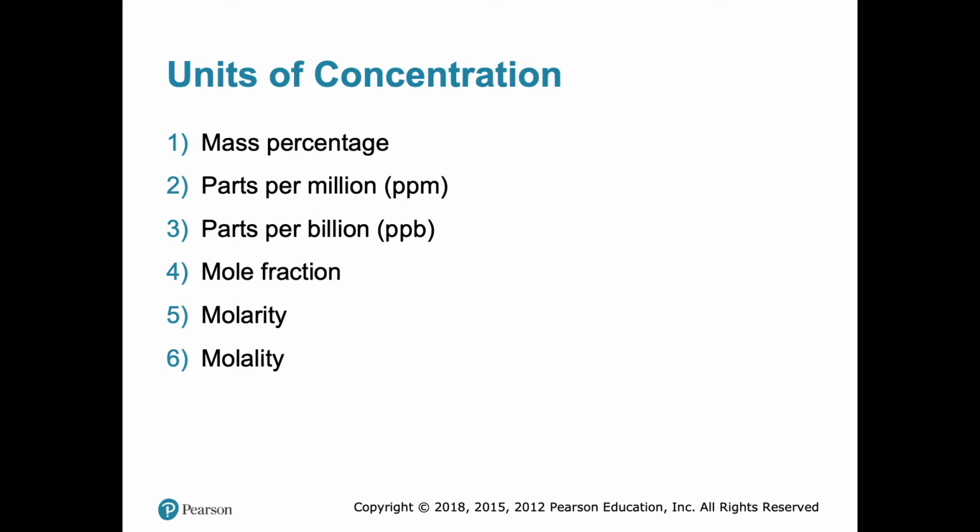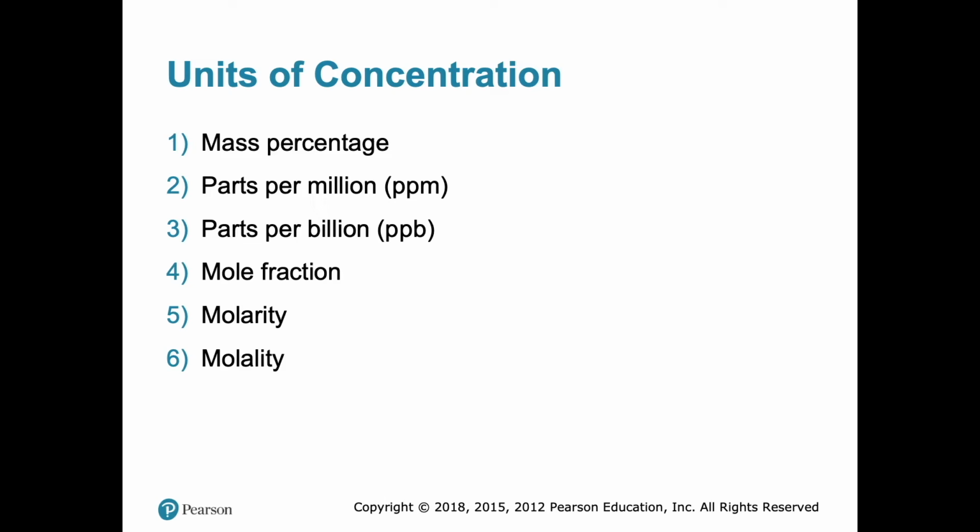We have the percent mass, and that's generally things like grams per volume, volume per volume, grams per gram. We have parts per million, which is the number of molecules for every 1 million molecules. And then parts per billion is the number of molecules for every 1 billion molecules.